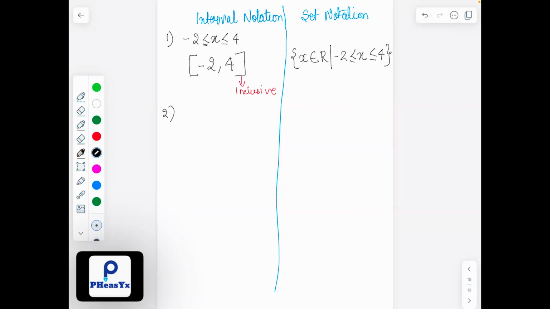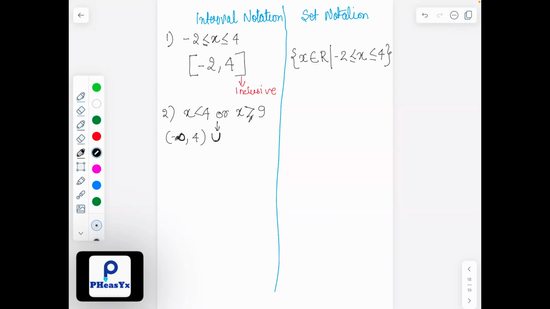Second example comes from the union of sets example. So you see x is less than 4. That means x can take any value lesser than 4. And the limit is not defined, that's why infinity. Minus infinity comma 4. For all, we will be using the union sign.